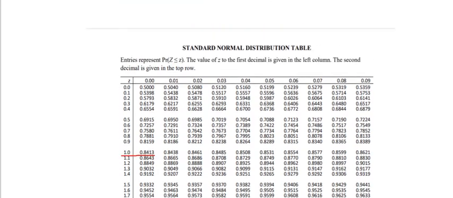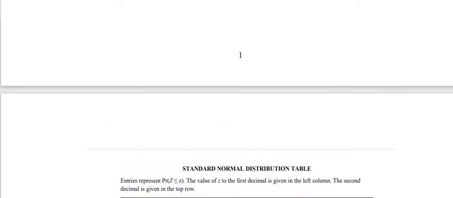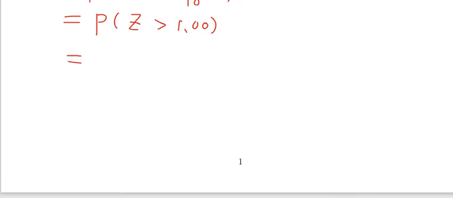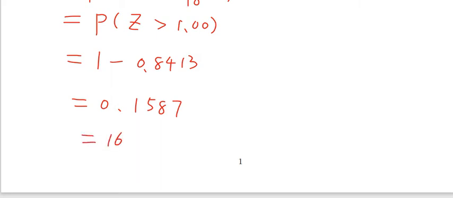But this 8413 is the left side, so larger than should be 1 minus 8413. So we get this answer, let's say 0.1587. So we can say we have almost a 16% chance to win money.